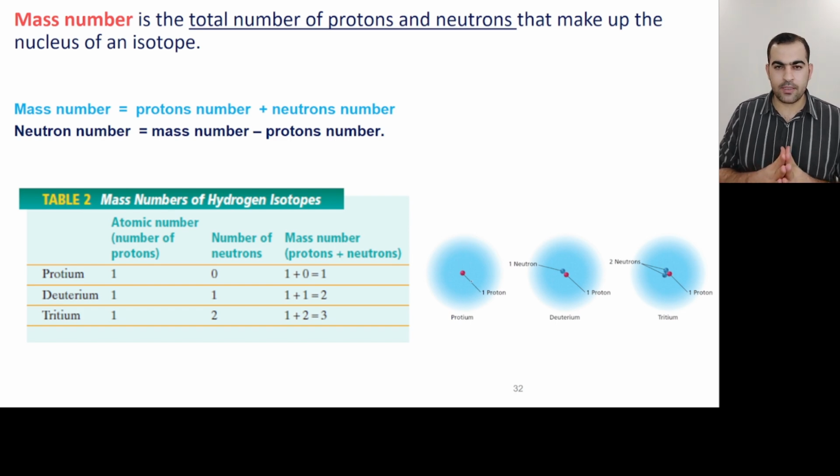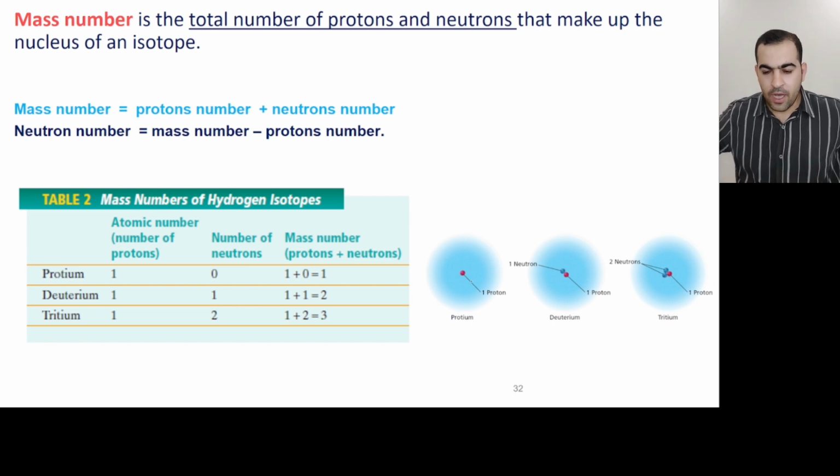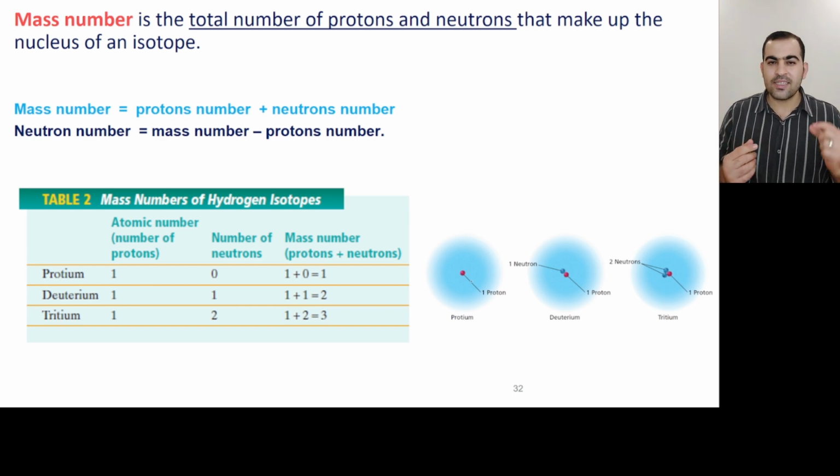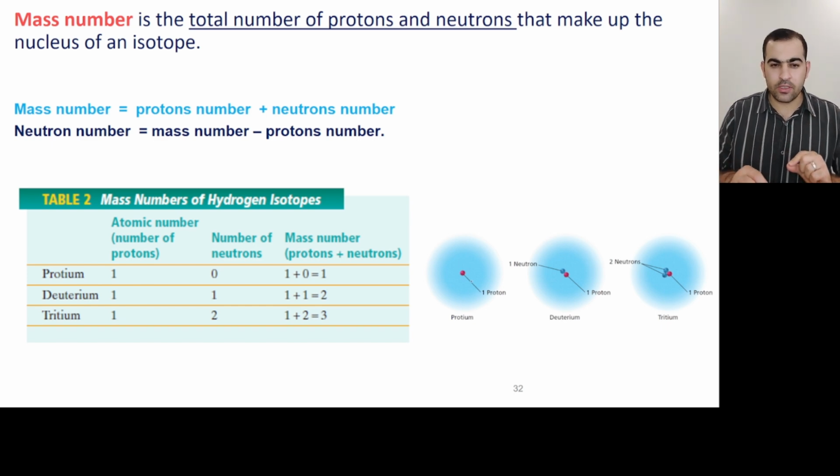What's mass number? Some students get confused about mass number and atomic mass. Mass number is the number of protons and neutrons that make up the nucleus of an isotope, of an element, of an atom.